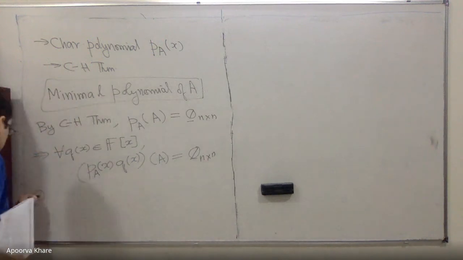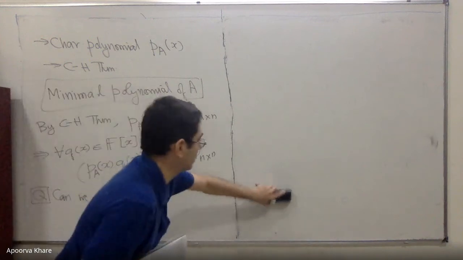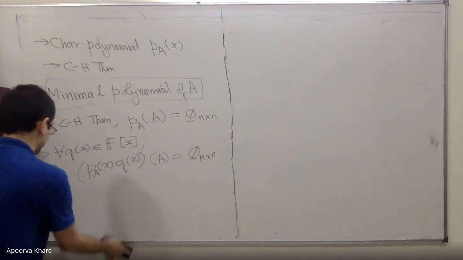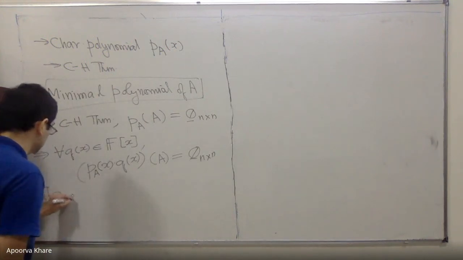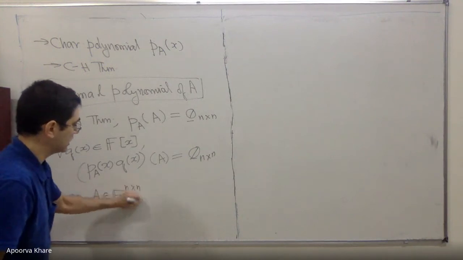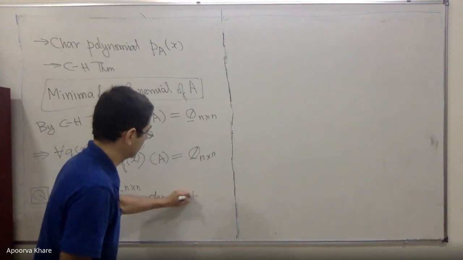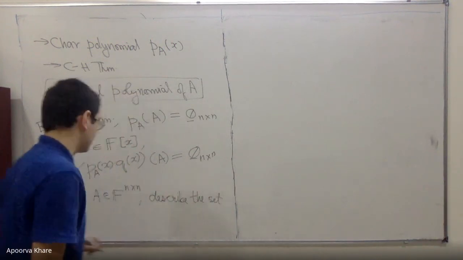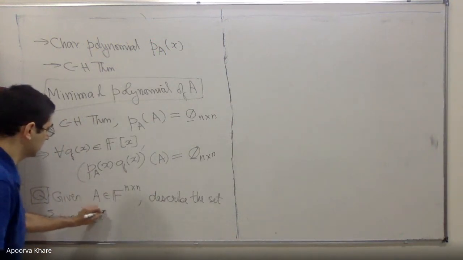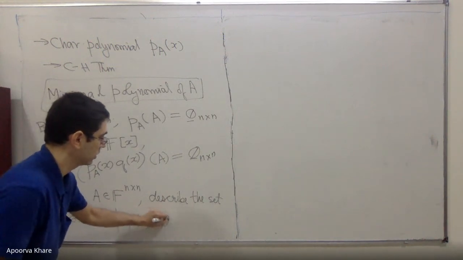So question: given a matrix A belonging to F^{n×n}, describe the set of polynomials p in F[x] such that p(A) equals 0.